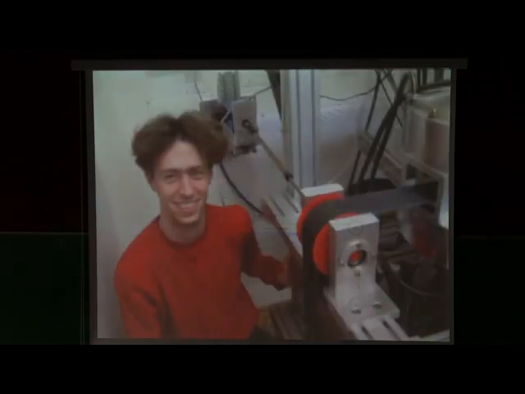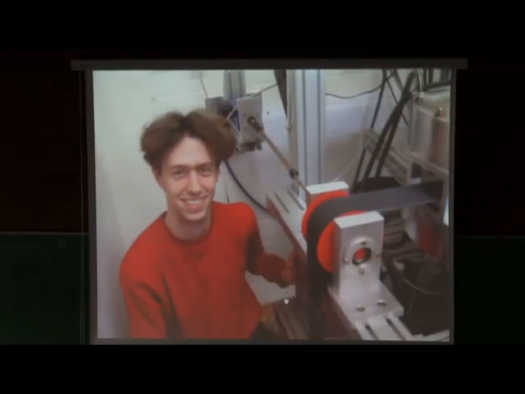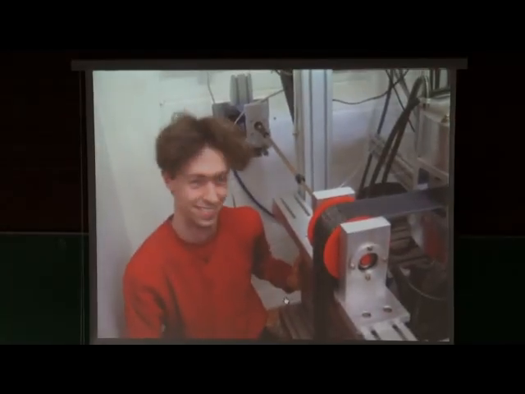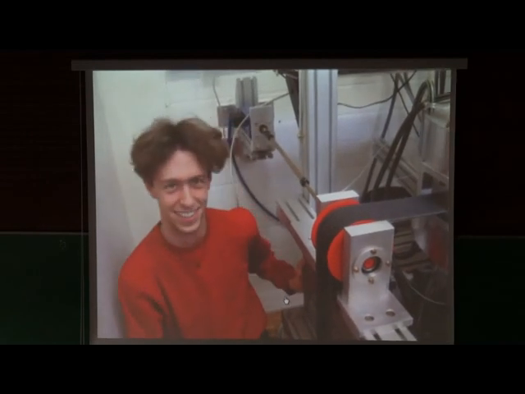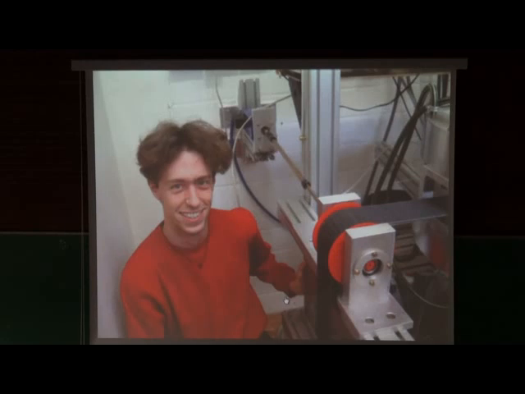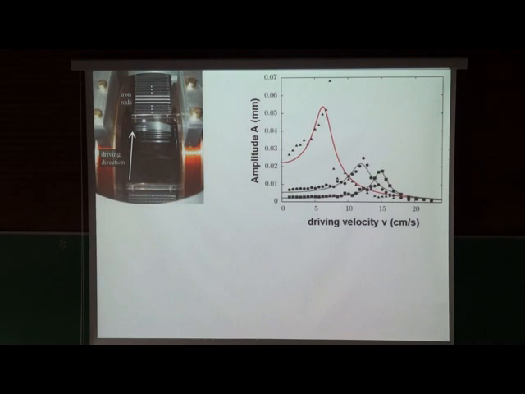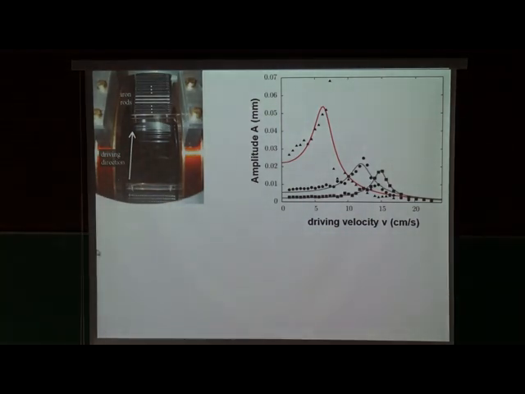So by this kind of system you are creating a traveling magnetic field. By the way, this is Achim Beetz, who did this experiment during his diploma thesis. Anyway, here you see the setup, and you see some kind of traveling waves.